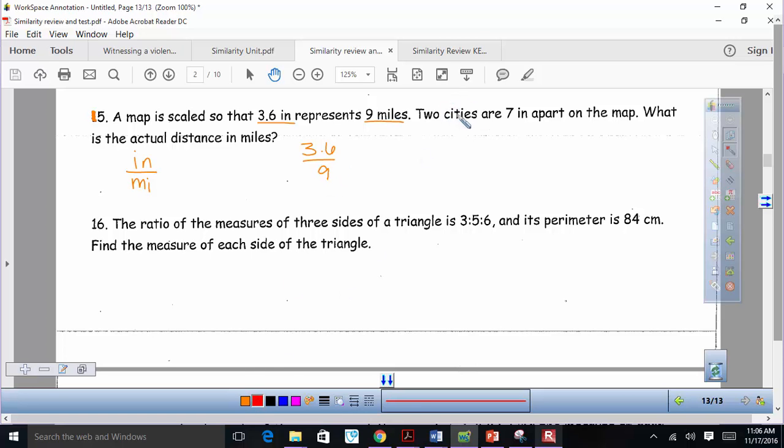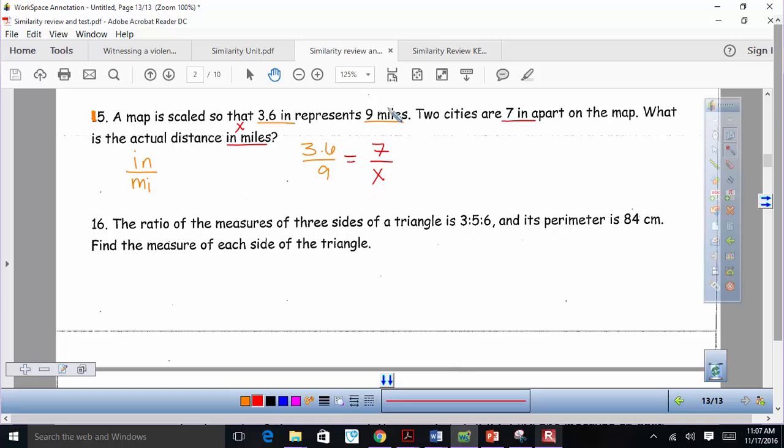Then the next thing says 2 cities are 7 inches apart, and we want to know how many miles that is. Anytime they say how many, that's the thing we let be x. So again, I have to do inches over miles. 7 is my inches. Miles is x.